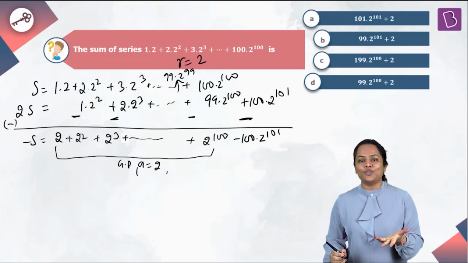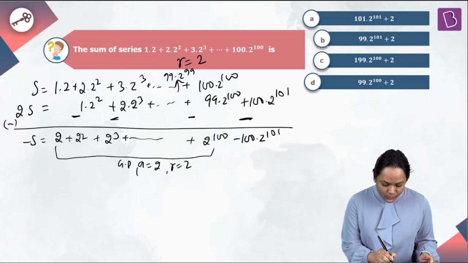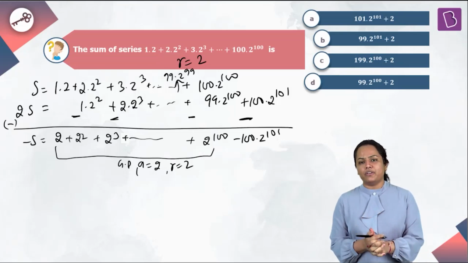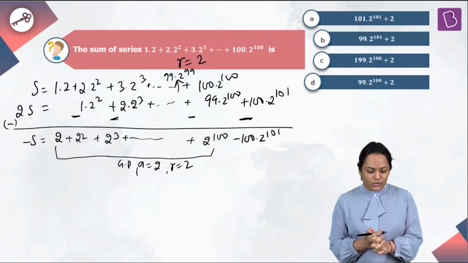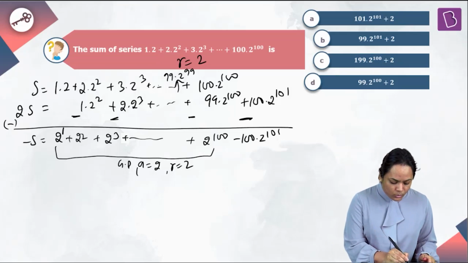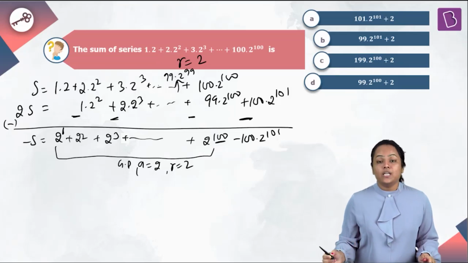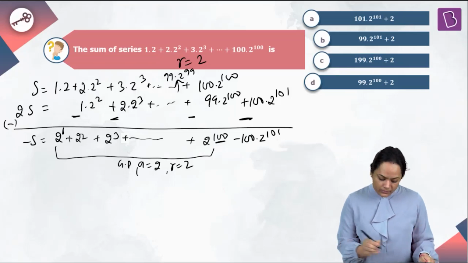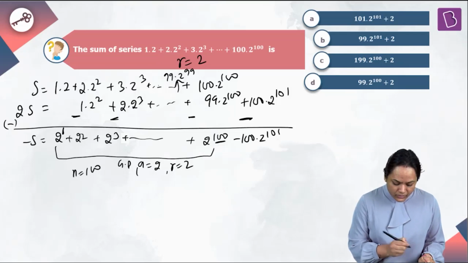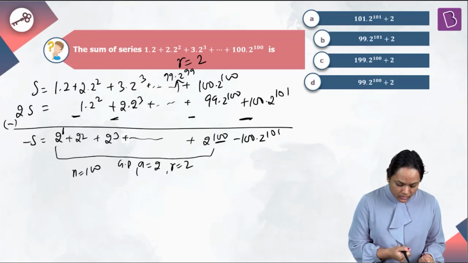What is the common ratio? r is equal to 2. And what about the number of terms? Because I have to find the number of terms also. It is from 2 raised to 1 till 2 raised to 100. So I have 100 terms with me. So I have the number of terms, the GP first term as well as the common ratio.